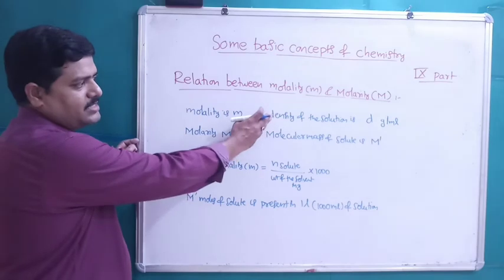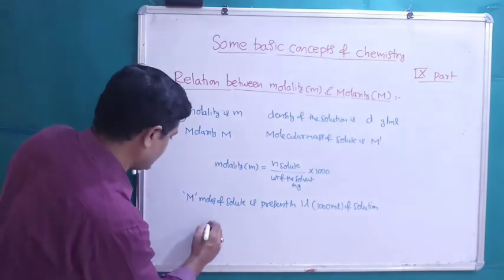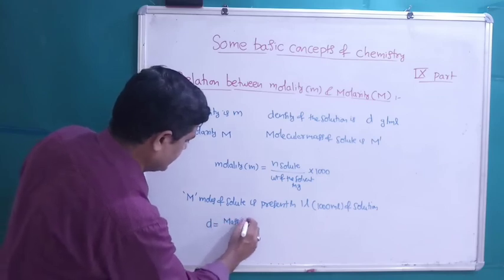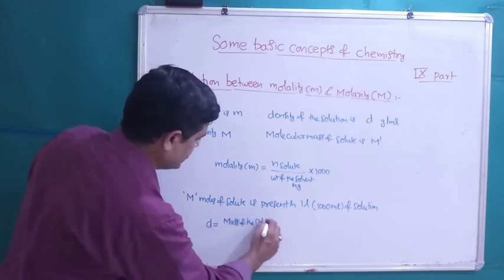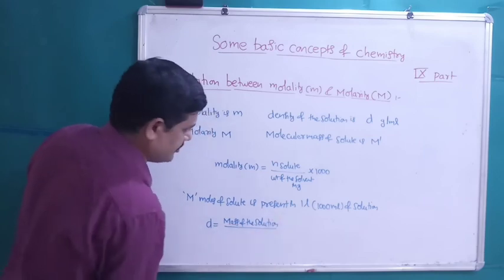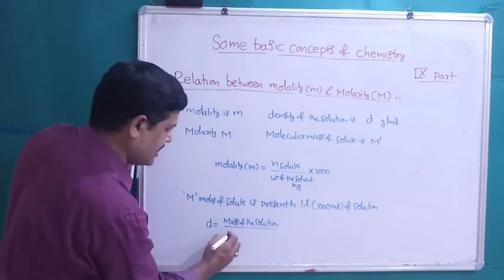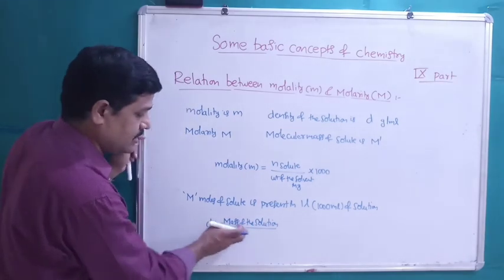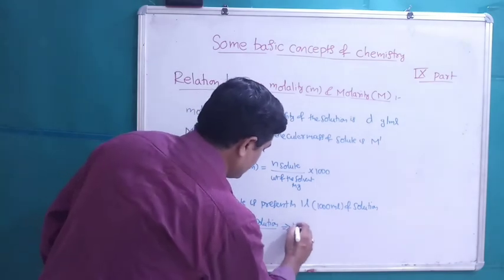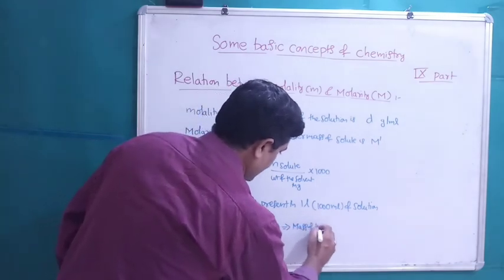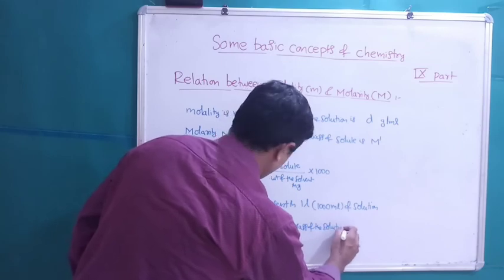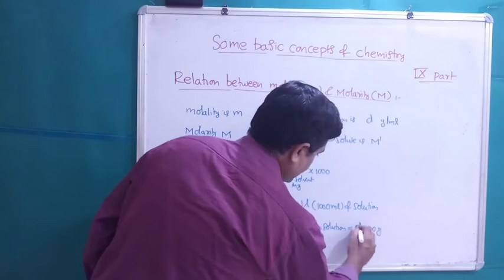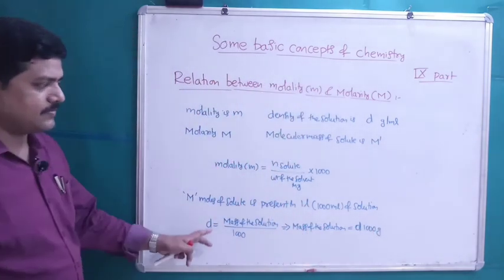So students, here the density of the solution is D. We will use that density is equal to the mass of the solution divided by the volume of the solution in ml, that is 1000 ml. From this, the mass of the solution is equal to D into 1000 grams.